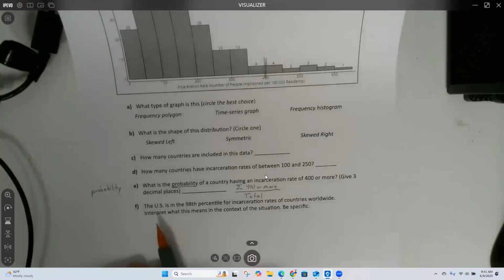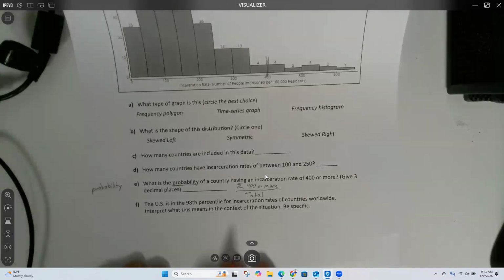1F. The US is in the 98th percentile for incarceration rates of countries worldwide. Interpret what this means in the context of the situation.